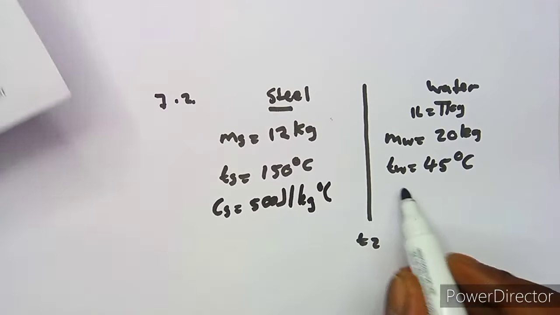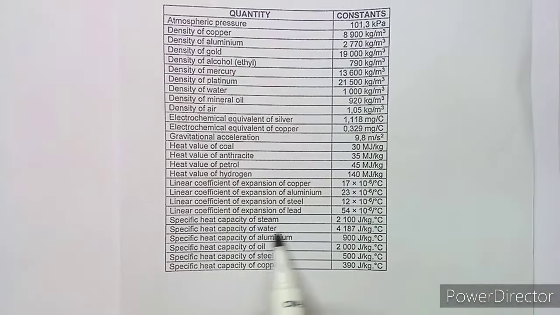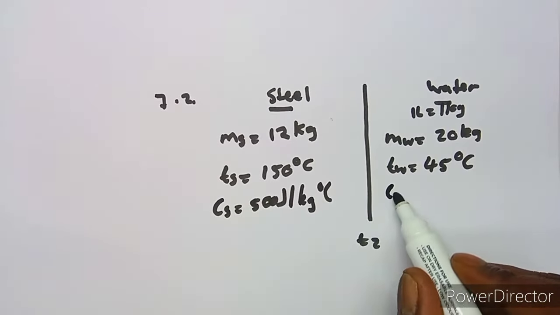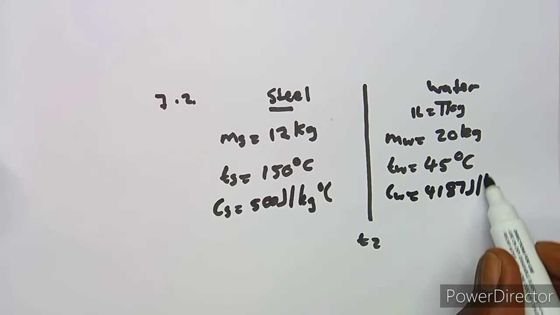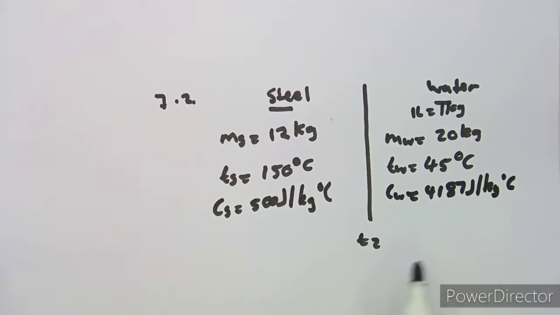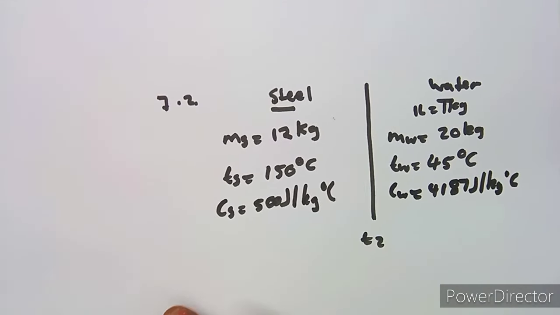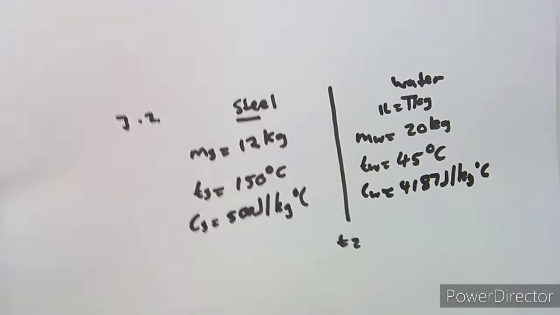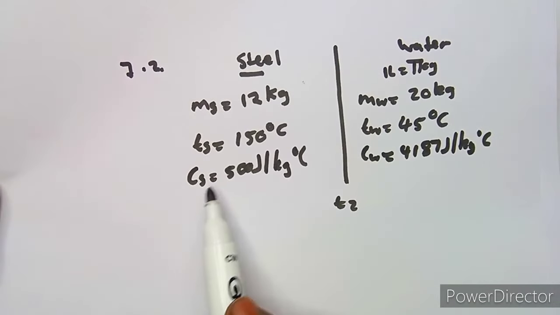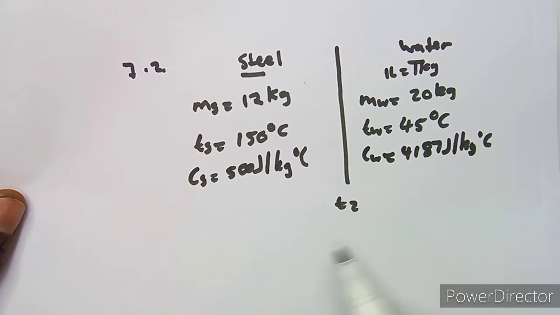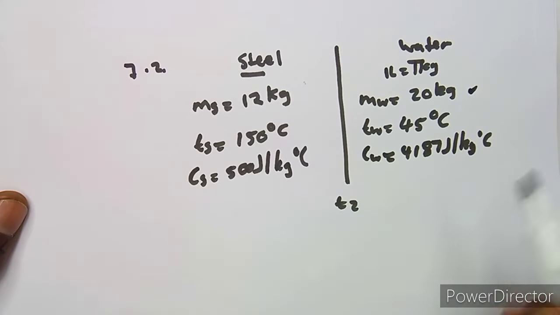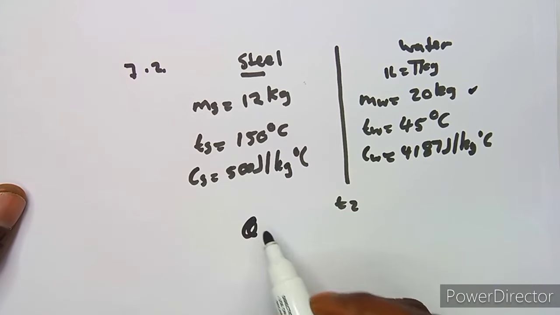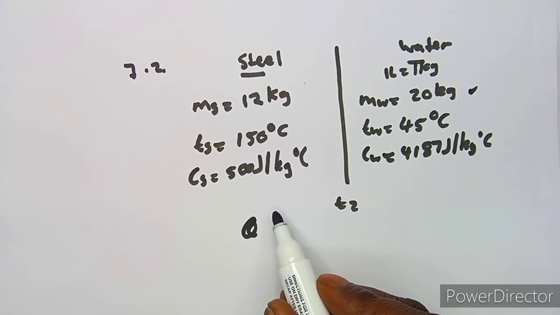We also need the one for water, which is 4187 joules per kg degrees Celsius. So why do we need this? Because take note, the steel was dropped into water. Take note its temperature. So it means definitely it is going to drop its temperature, and the water is going to increase its temperature. So we are going to work with Q that is lost.